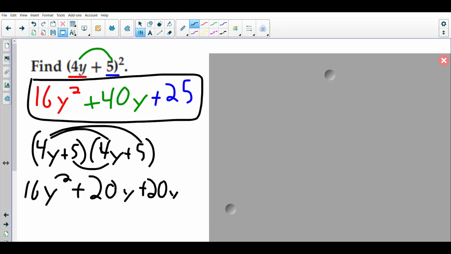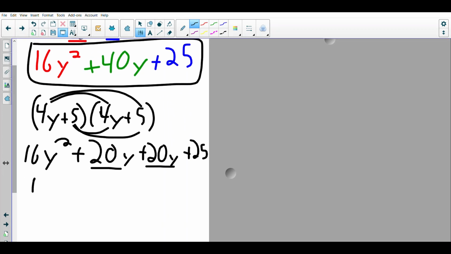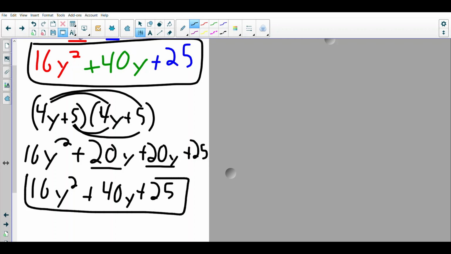And then 5 times 5 is 25. So just by FOILing, after we combine like terms, we still get 16y squared plus 40y plus 25. So it still works out. If you're not sure, feel free to FOIL.